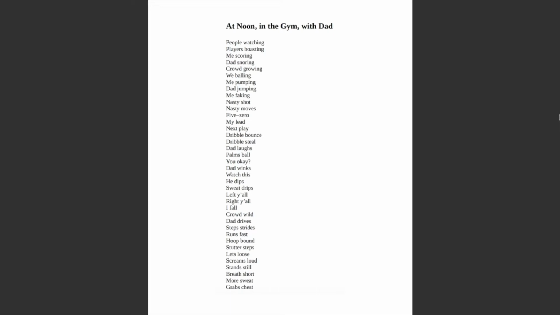Dad winks, watch this, he dips, sweat drips, left jaw, right yaw, I fall, crowd wild, Dad drives, steps strides, runs fast, hoop bound, stutter steps, lets loose, screams loud, stands still, breath short, more sweat, grabs chest, eyes roll, ball drops, Dad drops, I scream, help, please, sweet tea, dial cell.